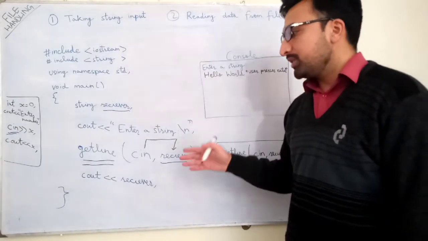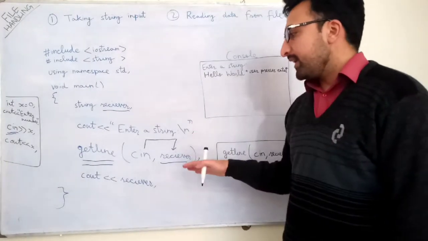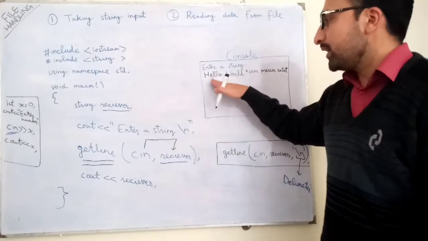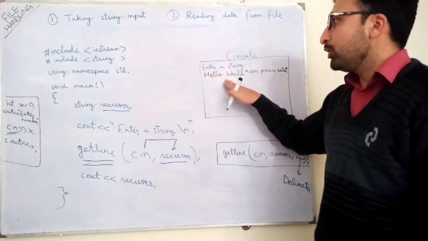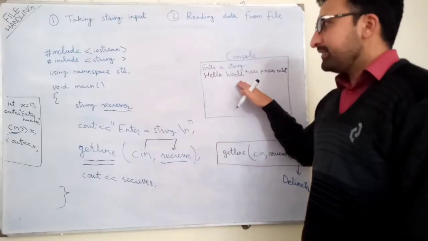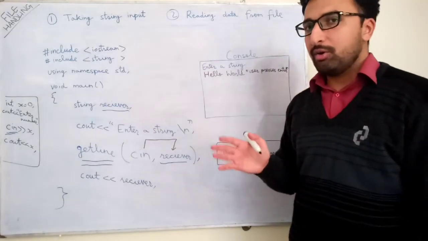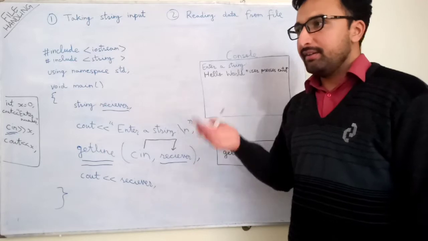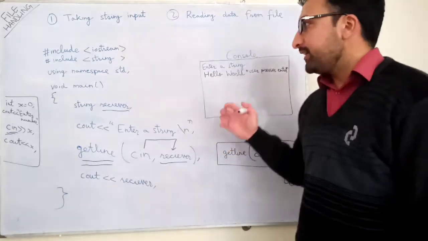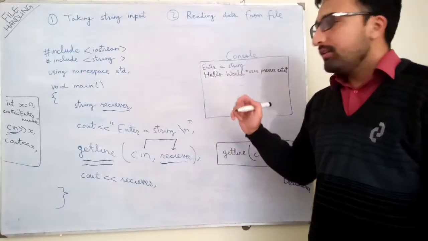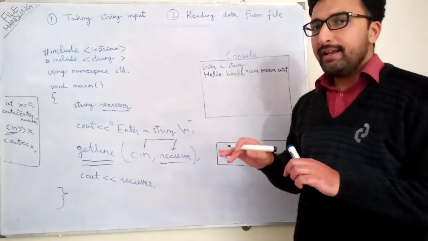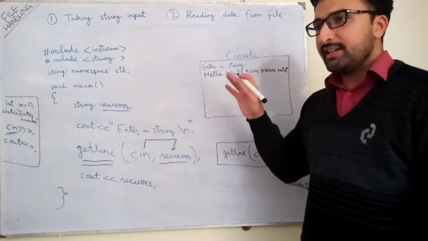It waits for the user to enter some string, and for example, the user enters the string "hello space world", and that's all he wants to write onto the console window when it is prompted with "enter a string". So he enters hello world, and then he just presses enter.